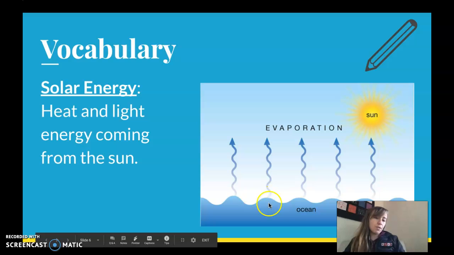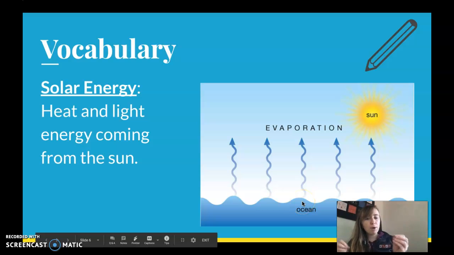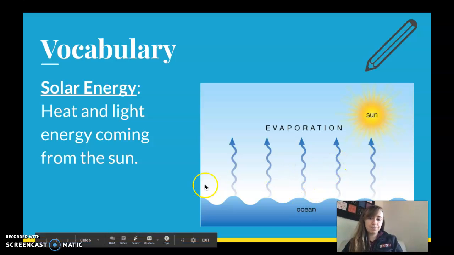So the surface of the ocean, those molecules that are right on the top of the ocean are heating up because of the light and heat coming from the sun. Those molecules start to move faster, and as they move faster, they are turning into a gas. And as that gas is being created, it's rising up because it's hotter, lighter than the air around it.